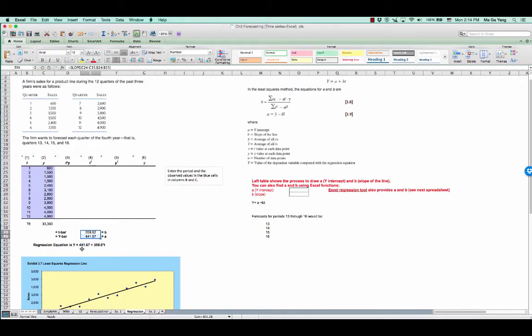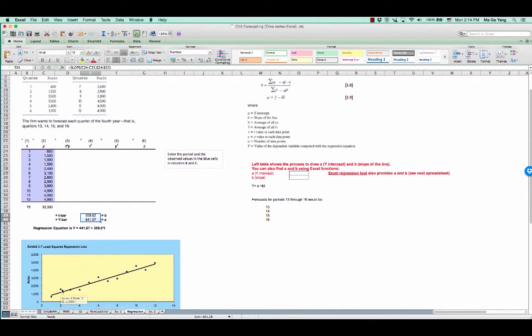Y equals 441.67 plus 359.62 times t. As you see, the plot of the sales data can form the trend line. This we call linear regression.